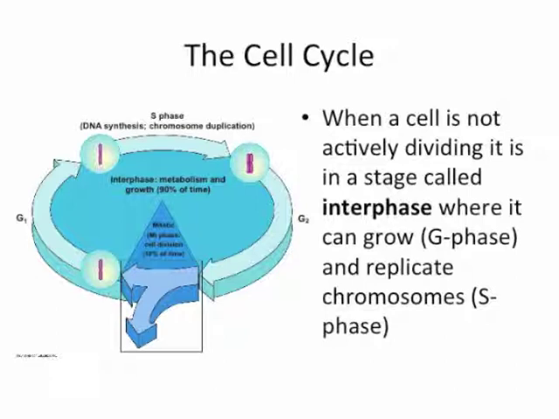You'll have two chromatids. And then where in the cell's life do you think the chromatids will be separated? Which part of the cell cycle do you think is where the chromatids get separated and you then have two separate chromosomes in new cells?